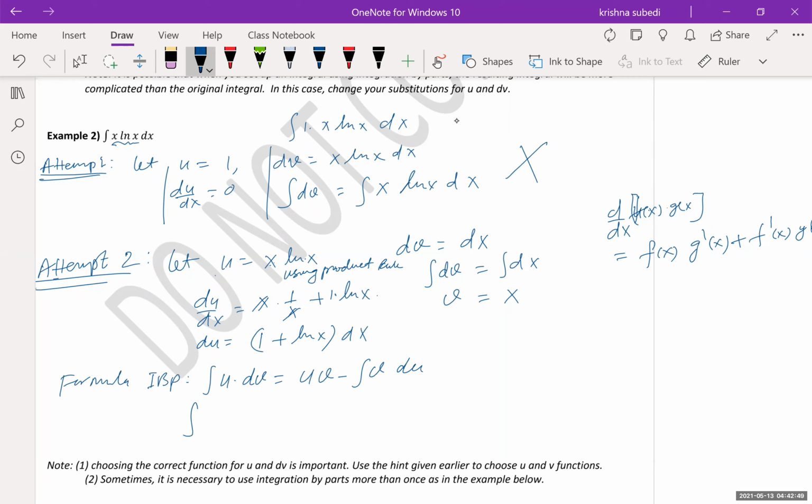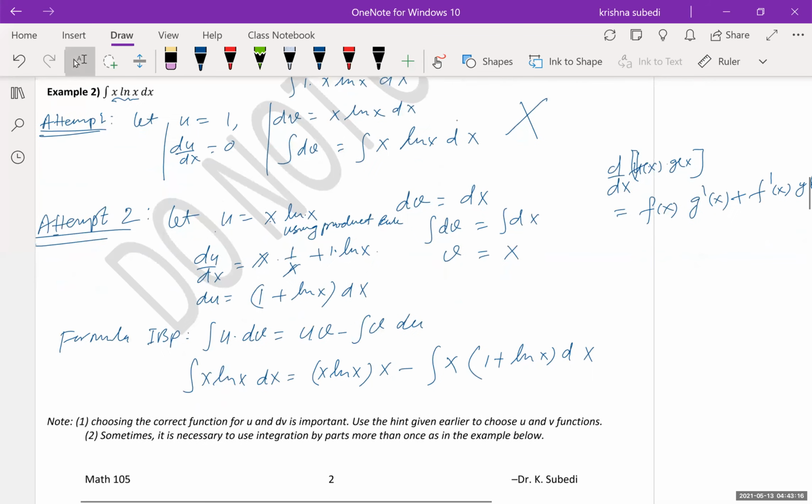So u means x ln x, dv means dx, equals u, which is x ln x, times v, which is x, minus integration of v, which is x, and du is 1 plus ln x dx, right? Substituting the values of u and v, that's what we're going to get.